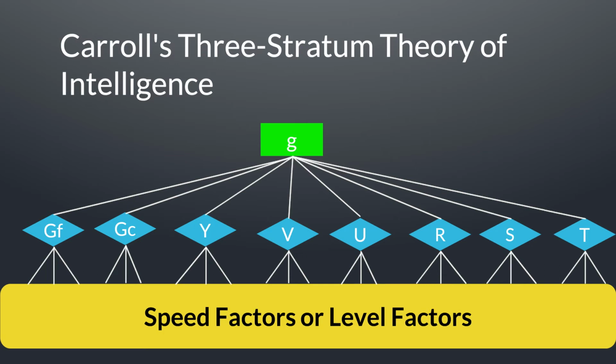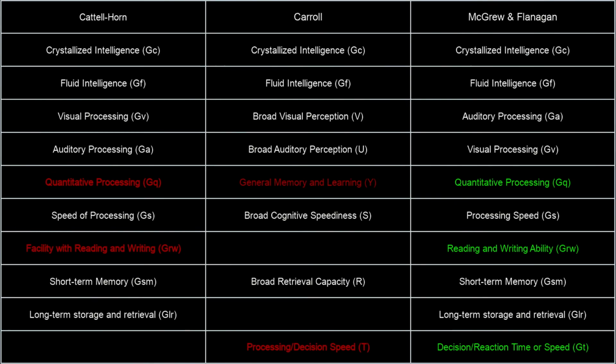In the third stratum, we have the G. In the second stratum, we have Gf, Gc, Gv, and so on, and the ones below are the speed factors or the level factors. Because Carroll was a factor analyst, factor analytic theories tend to develop over time. They build on one another. Carroll built on Spearman's G, and he added something and built on Cattell's work.